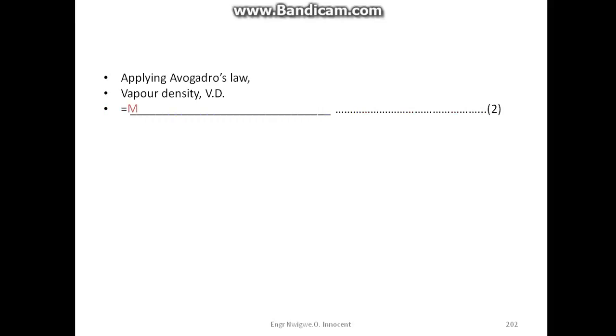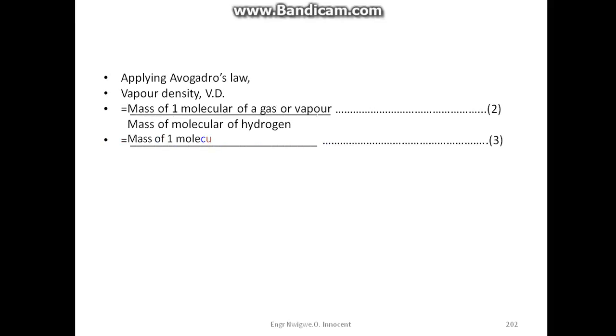Applying Avogadro's law, vapor density Vd for equation 2 is equal to the mass of 1 molecule of a gas or a vapor divided by the mass of 1 molecule of hydrogen, which is equal to the mass of 1 molecule of gas or vapor over the mass of two atoms of hydrogen, for equation 3.